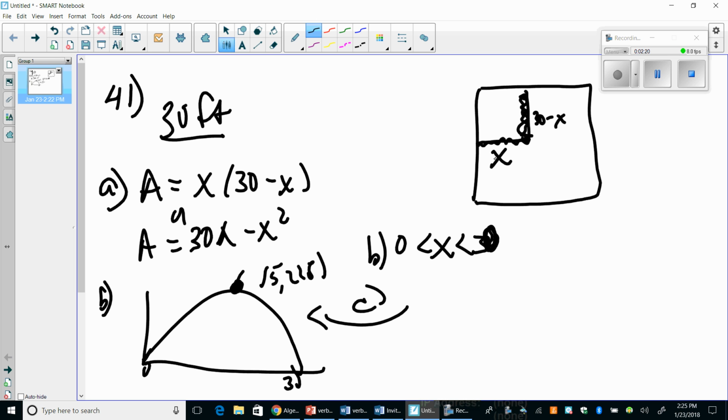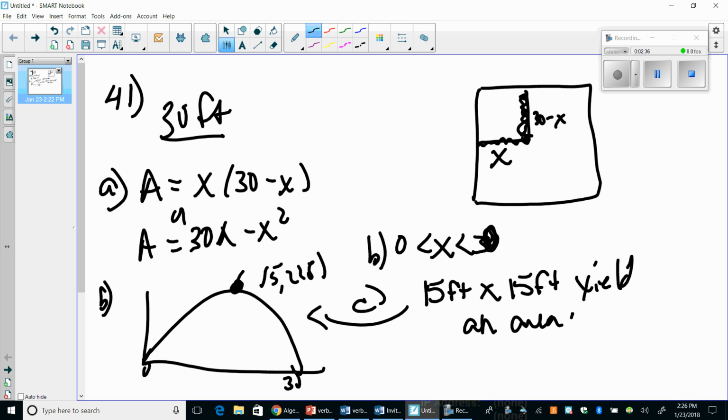So when x is 15, the dimensions of the room would be 15 feet, that's x, and then this side 30 minus 15, which would be another 15 feet, yielding an area of 225 square feet, and that's the maximum area that we could get. Typically, if you're looking at rectangles, the biggest area is going to come from a square. That's how we do 41.